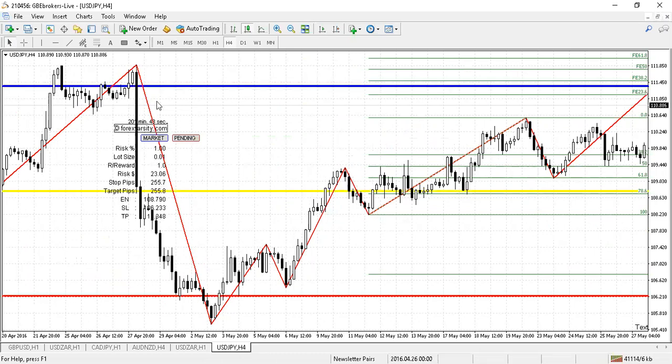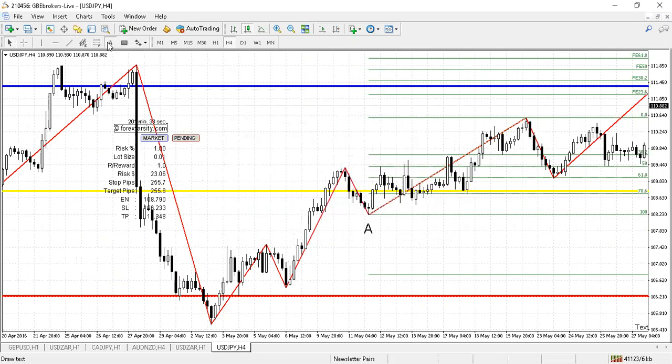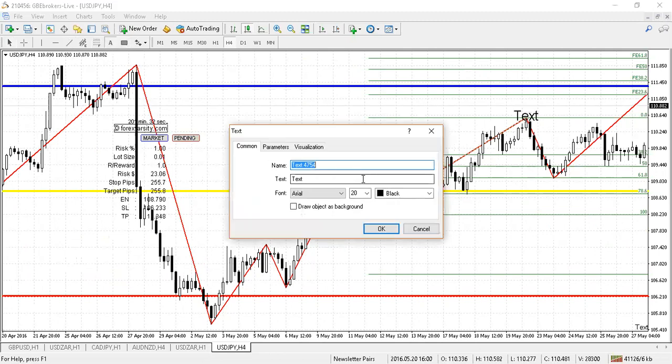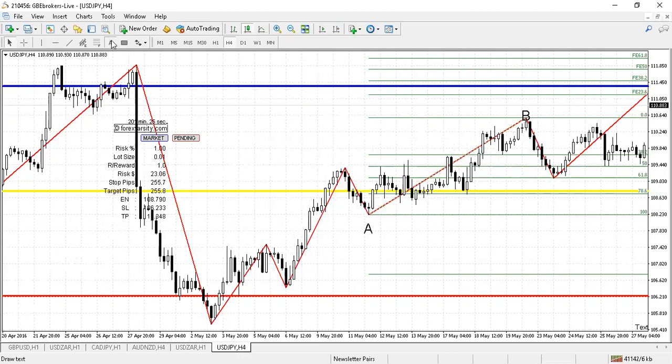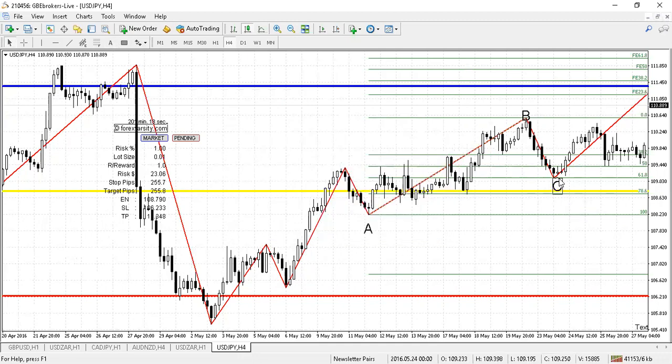So if we look at this particular trade here, for example, we can call this A, and then call this B, and then we obviously would want to get in on the C. And once we've got our zones in place and we've got our two signals to trade, then you could perhaps look at entering a trade.